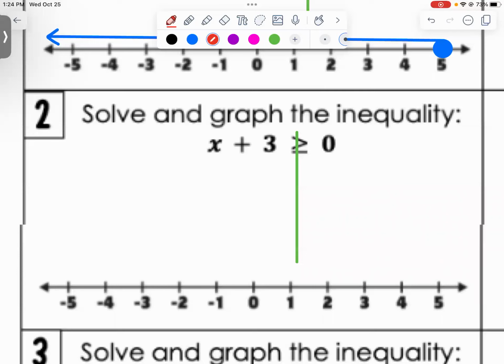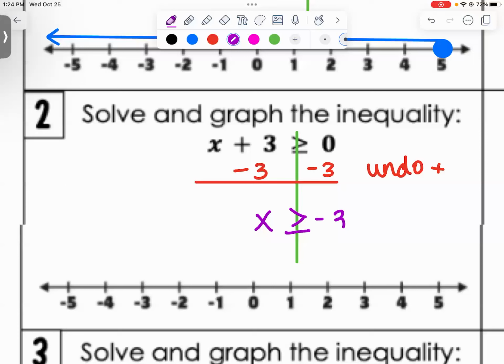All right, Madison, what did you do to both sides of your fence? Okay, so we need to undo the addition by subtracting 3 from both sides. So Kadam, our answer is x is greater than or equal to negative 3.